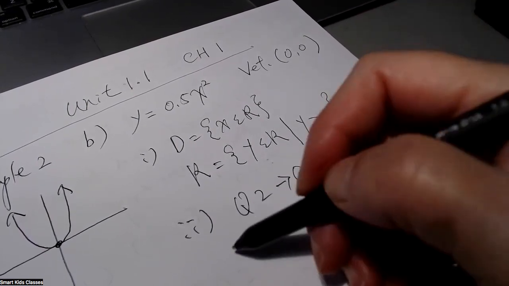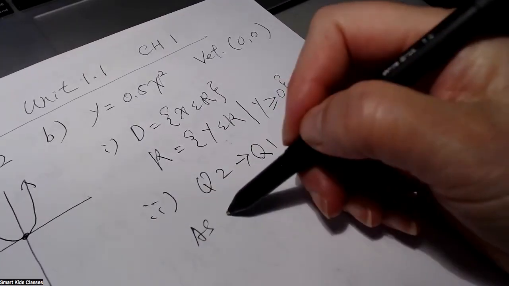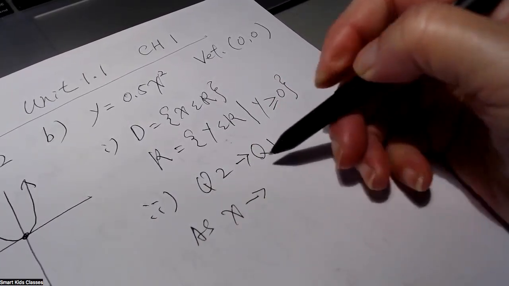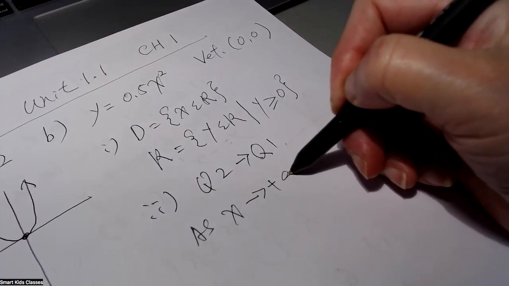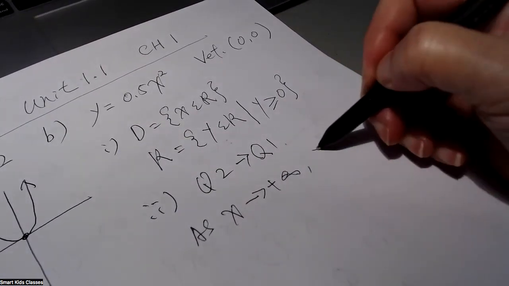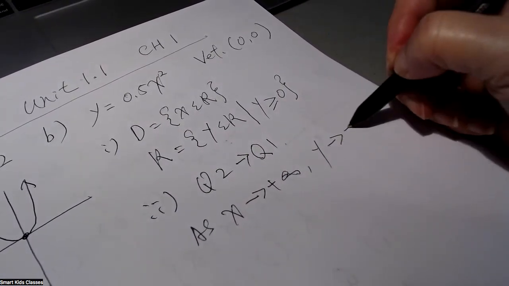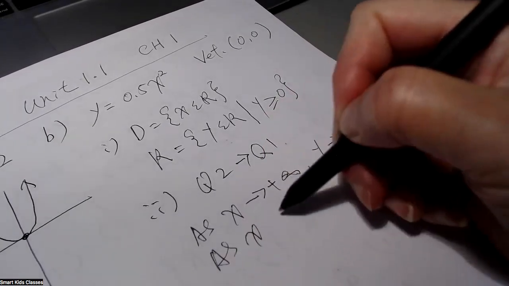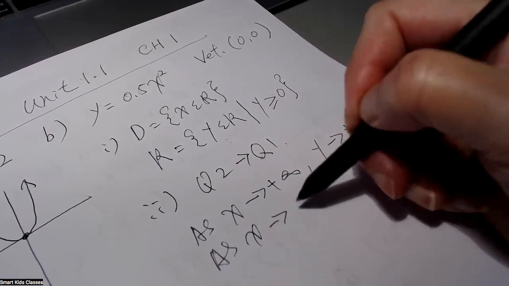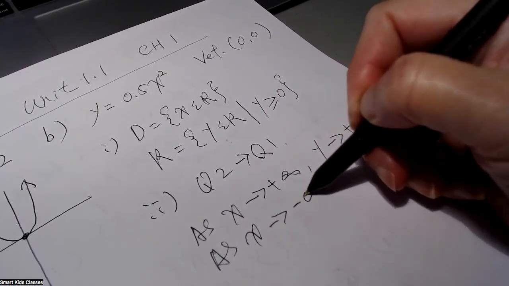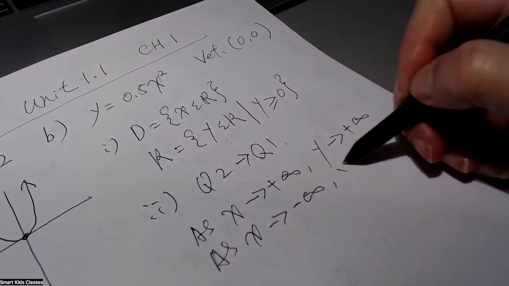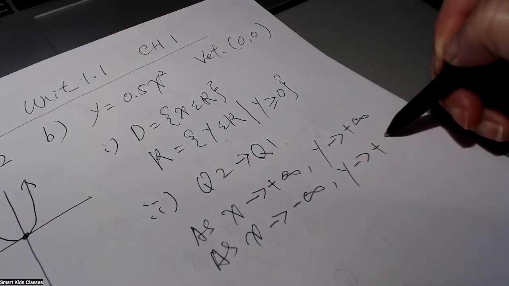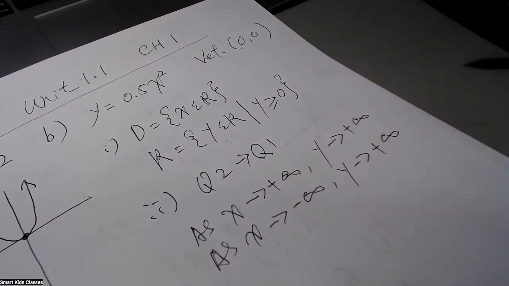And you're going to write as x approaches positive infinity, y approaches positive infinity. As x approaches negative infinity, y also approaches positive infinity, and that's the end behavior.